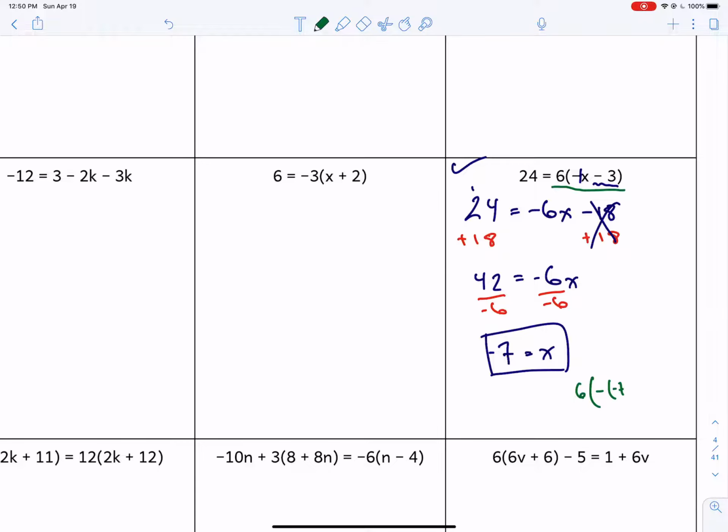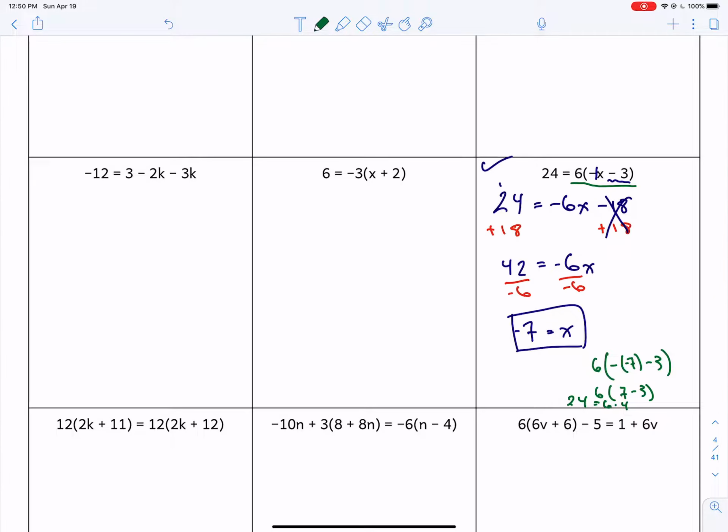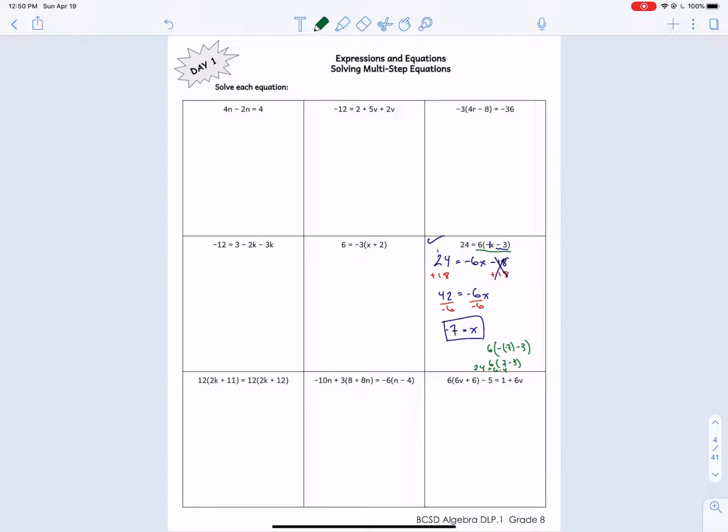We'll just change the sign, and then minus 3. So this would be 7 minus 3, which is 4. 6 times 4, and that does equal 24. So it works. Okay, so just don't forget. You can always check your work to make sure that it's correct.